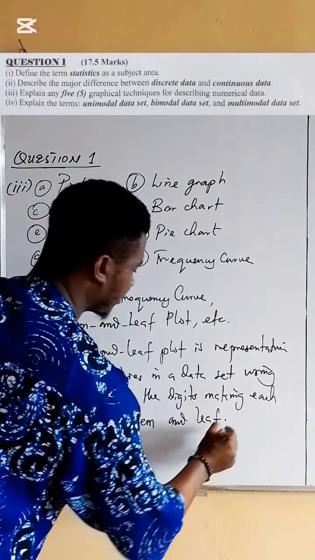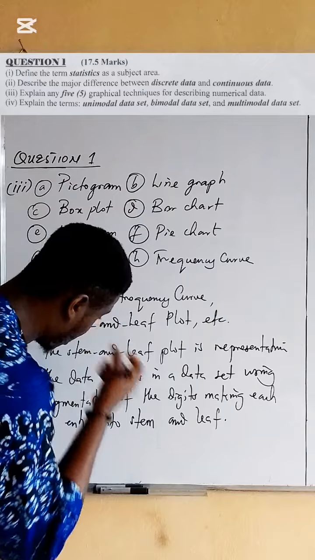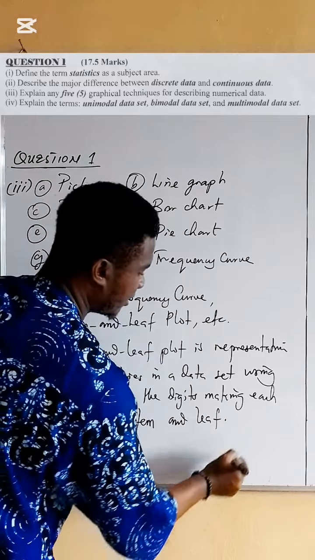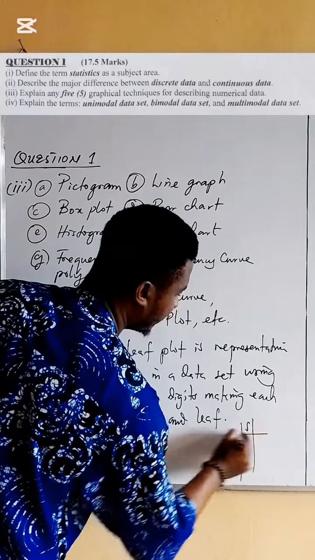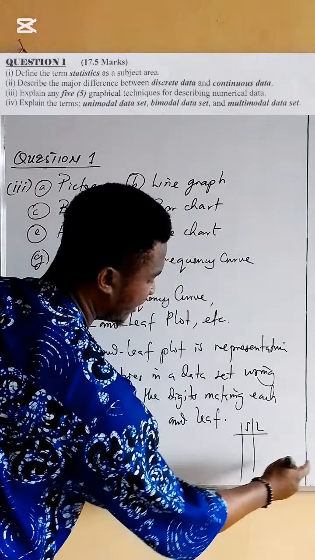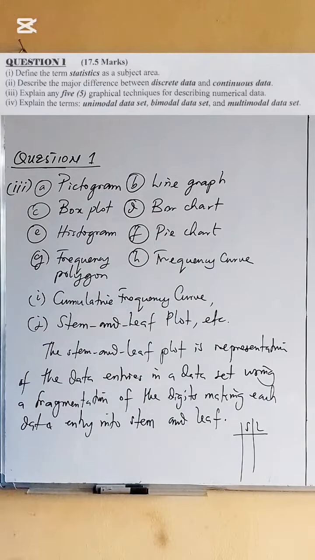For this, please take note, we have a diagram like this, where you have the stem and you have the leaf. And please see any video on stem and leaf for details on this. Remember, the focus is just to answer this question.